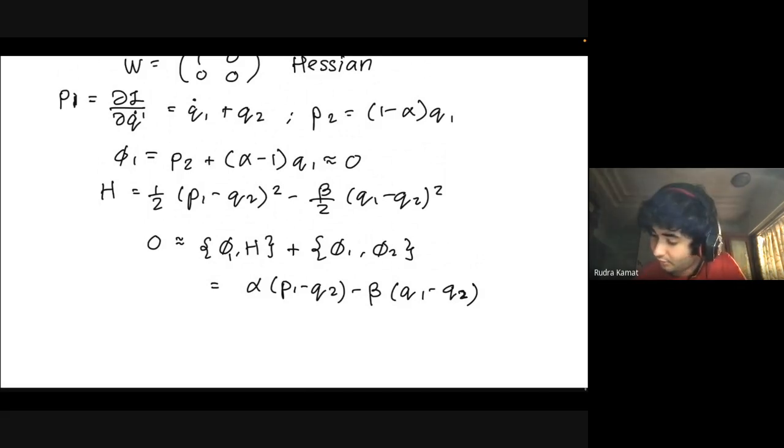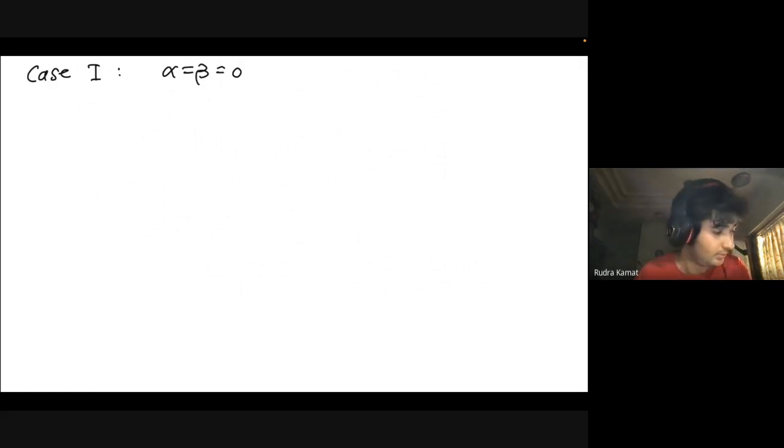And now after this, we have a bunch of cases. Case 1, if alpha equals beta equals 0, the phase space Hamiltonian will look like H plus lambda phi 1.